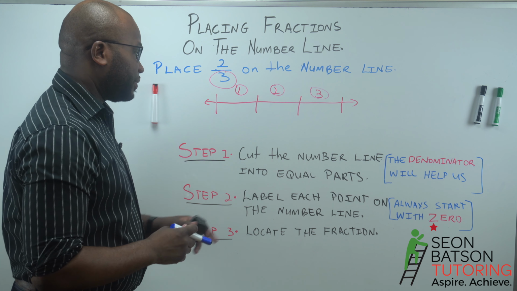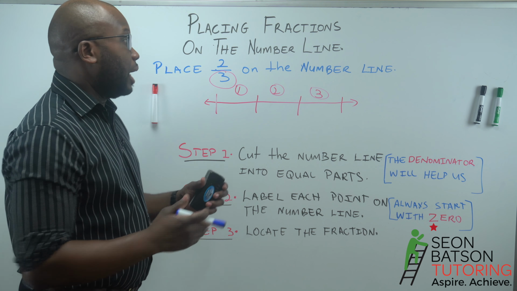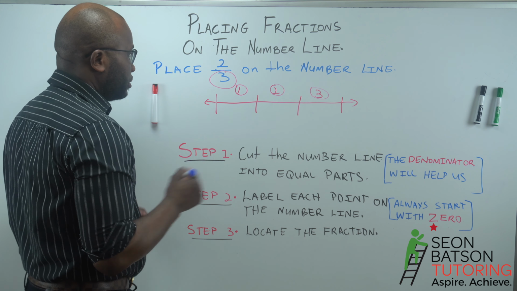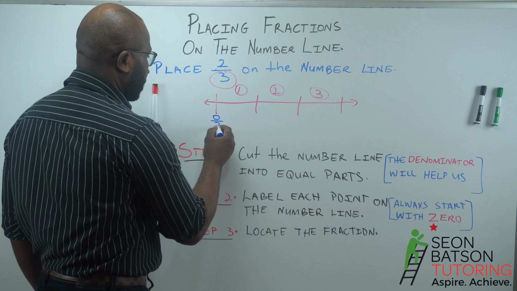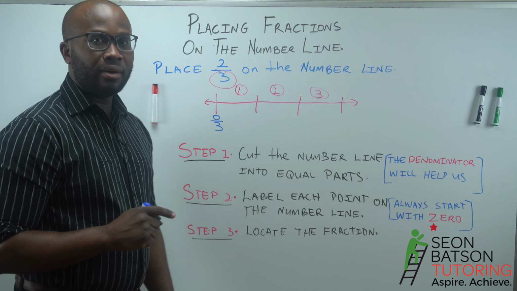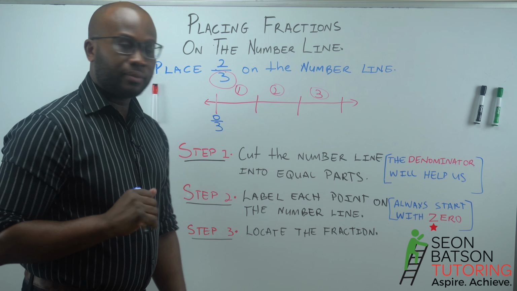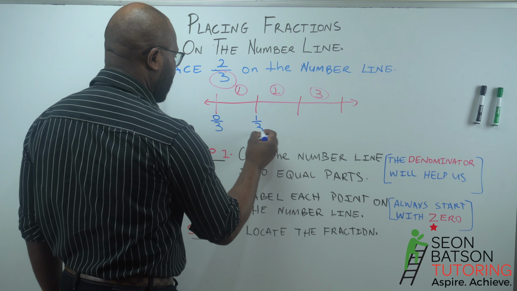Step 2 will be to what? Label each point on the number line. And remember, very important here, when we begin to label, we will always start with 0. So look how we will label the points. The first point here will be 0/3. We are using 0/3 because the denominator of the fraction is 3. The second point will be 1/3, then 2/3, then 3/3.